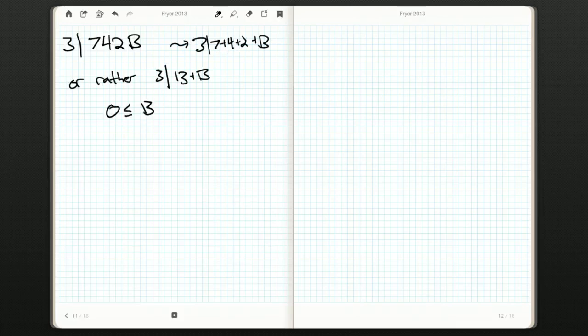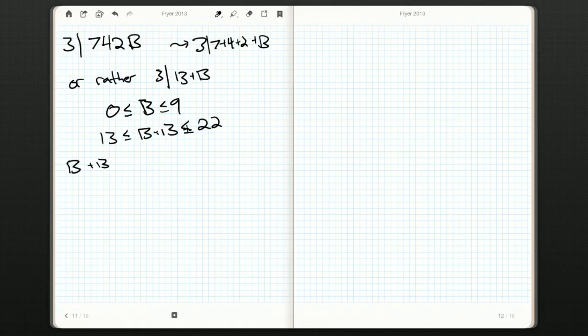So once again, B is not a leading digit, so it can really be whatever we want, 0 to 9. And that means 13 is less than or equal to B plus 13, less than or equal to 9 plus 13, so that's 22. B plus 13, the B's kind of look like 13s, and I do apologize for that.